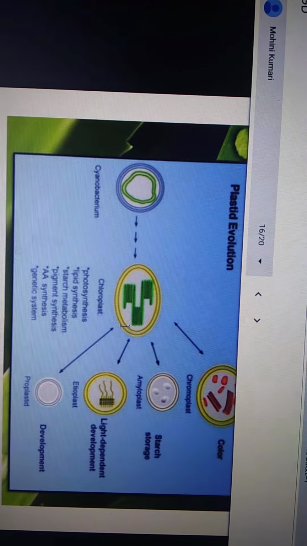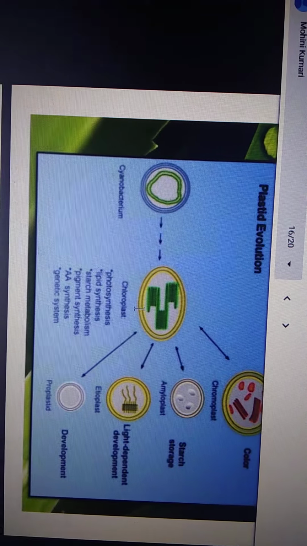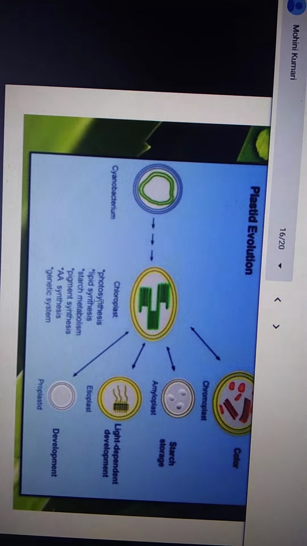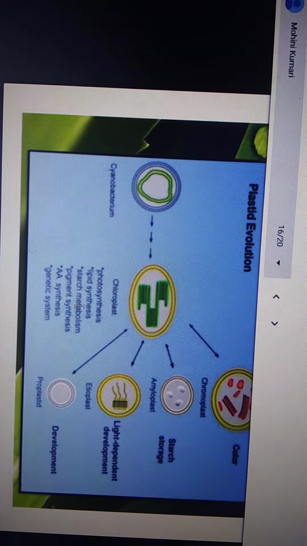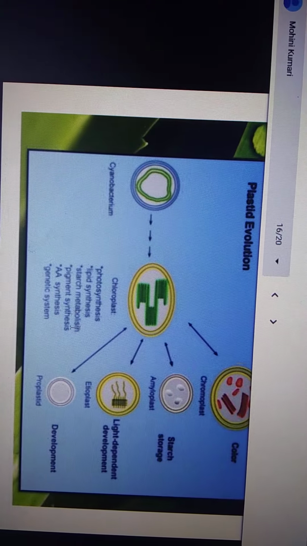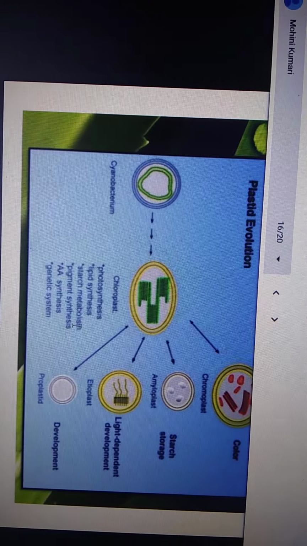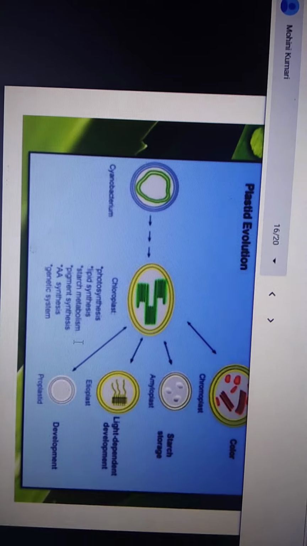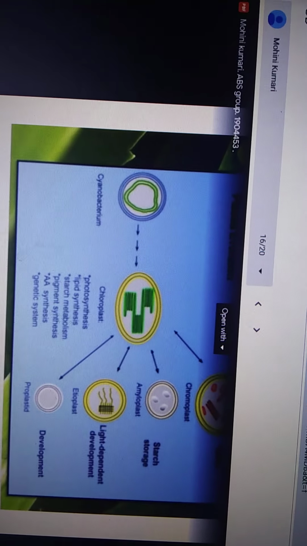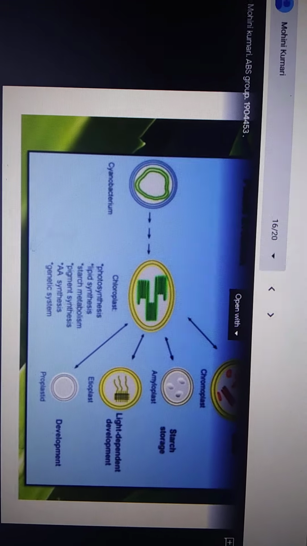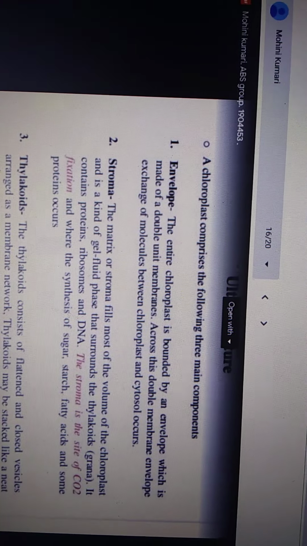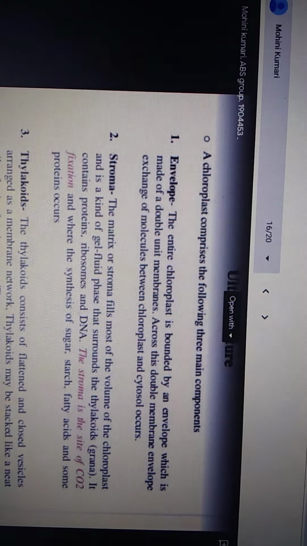The functions of chloroplast, as you can see in this slide, are photosynthesis, lipid synthesis, starch metabolism, pigment synthesis, amino acid synthesis, and they also have their own genetic system. Now, ultrastructure of the chloroplast.